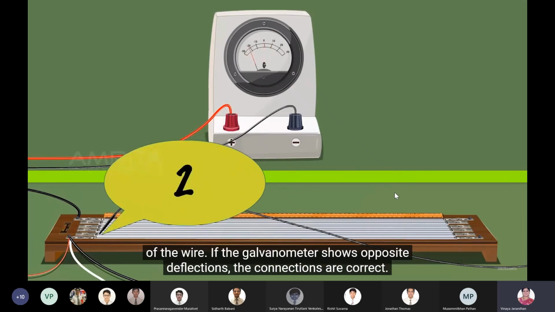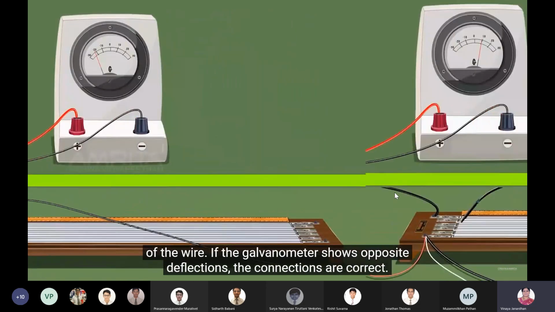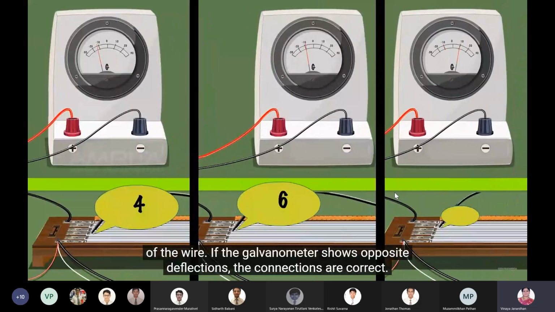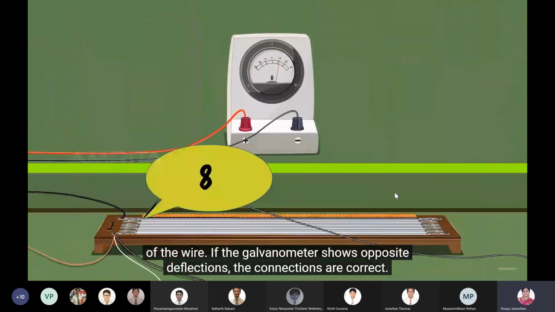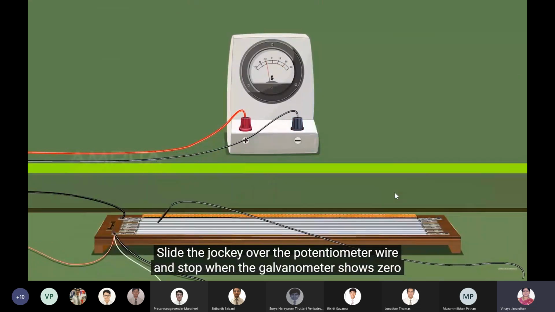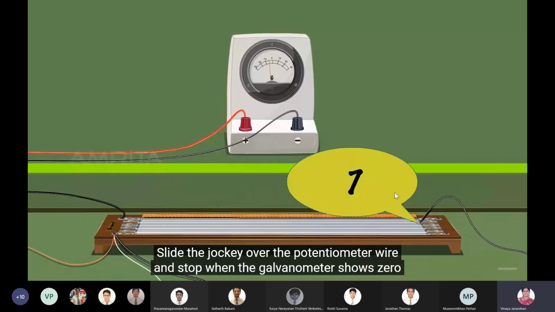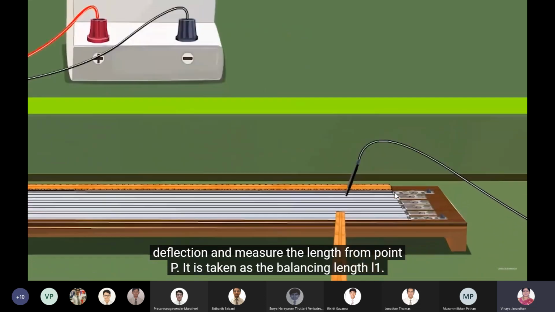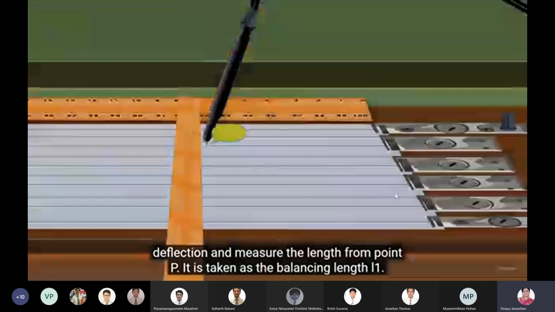If the galvanometer shows opposite deflections, the connections are correct. Slide the jockey over the potentiometer wire and stop when the galvanometer shows zero deflection and measure the length from point P. It is taken as the balancing length L1.